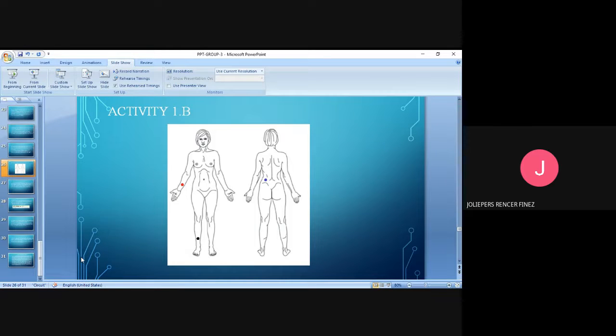Fibular surface means the bone on the side, and it is on the right leg just proximal to the tarsal region. The tarsal is in our lower limb between the leg and foot, and that's all.